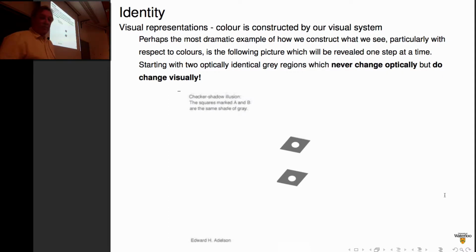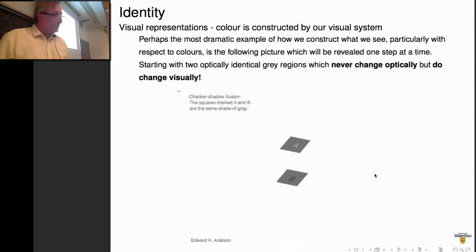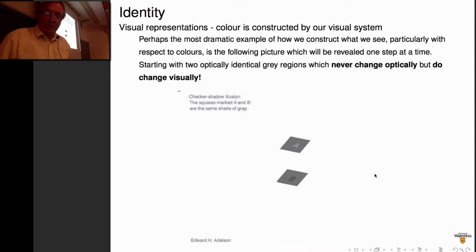But those two rectangles or diamonds are optically identical gray. I'm going to start revealing some of the picture. It's going to be a checkerboard, and these are two checker squares on it. As I reveal it, first just labeling them A and B, so you can follow which is which. And I start revealing some of this picture.